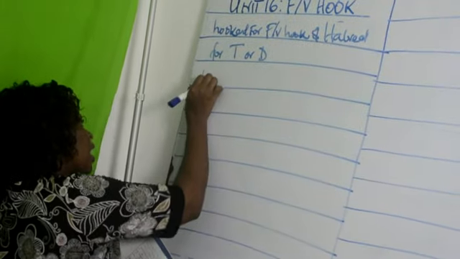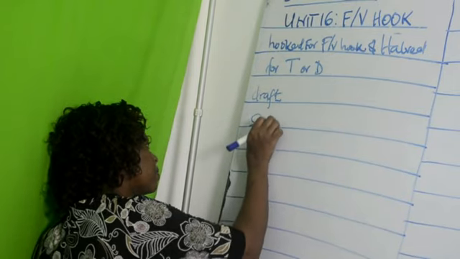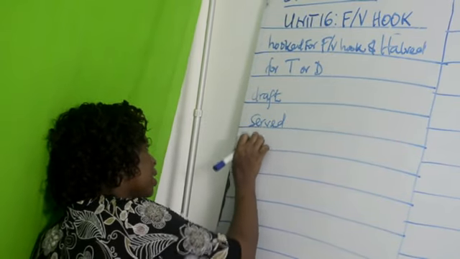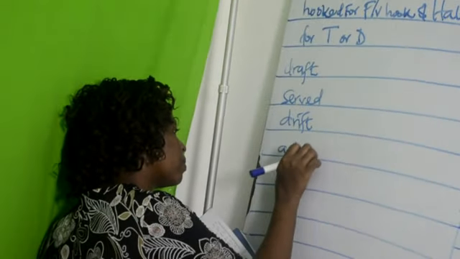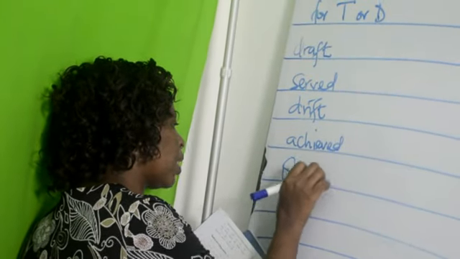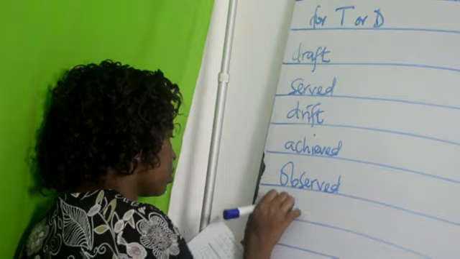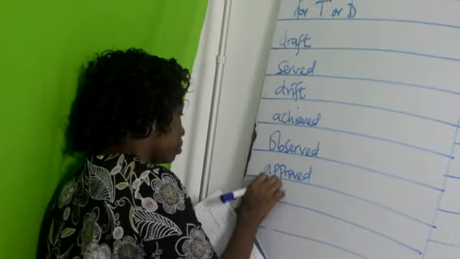So we have words like draft, served, drift, achieved, observed, approved, derived, deserved, and then gifts.